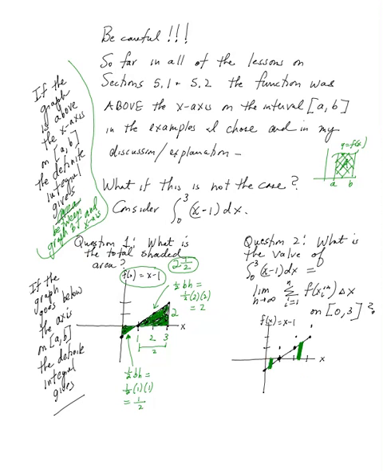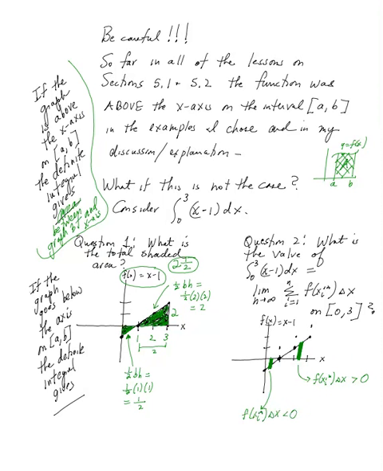Okay? Can you see that for this rectangle, f of x sub i star delta x is going to be positive? Because f of x sub i star is positive. Delta x is always positive. But for this rectangle, f of x sub i star delta x is going to be negative.